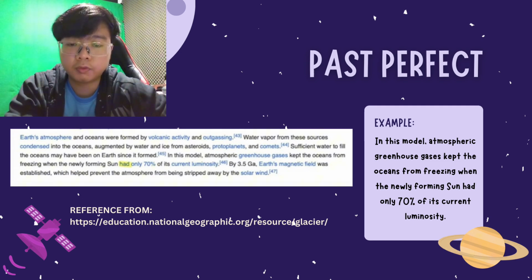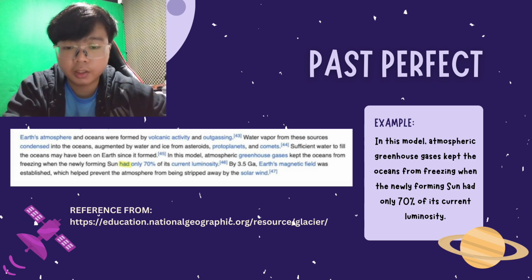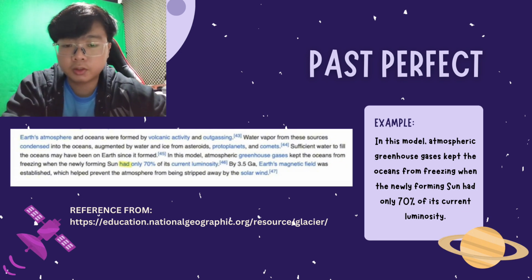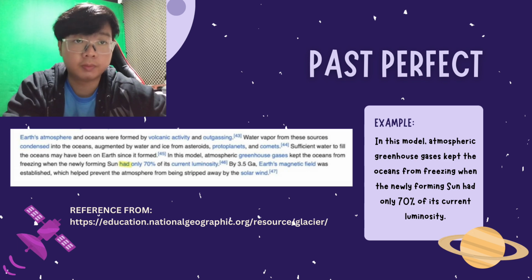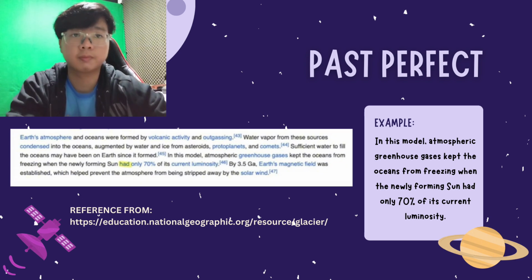For example, in this model, atmospheric greenhouse gases kept the oceans from freezing when the newly forming sun had only 70% of its current luminosity. So the past perfect verb that was used in this example is had only 70% of its current luminosity.